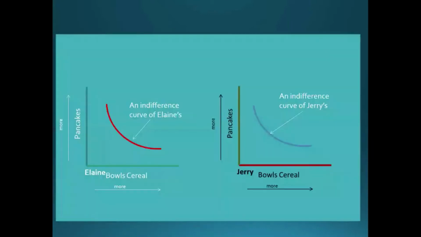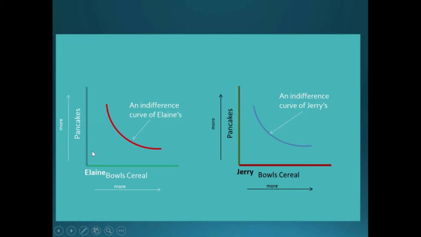Okay? So let's revisit what we looked at earlier in this class when we looked at indifference curves. Remember, we had these indifference curve graphs or maps where we plotted for a given individual the amount of one of the goods that they have versus the amount of the other good that they have. So in this graph here, we have the number of pancakes that Elaine has and the number of bowls of cereal.